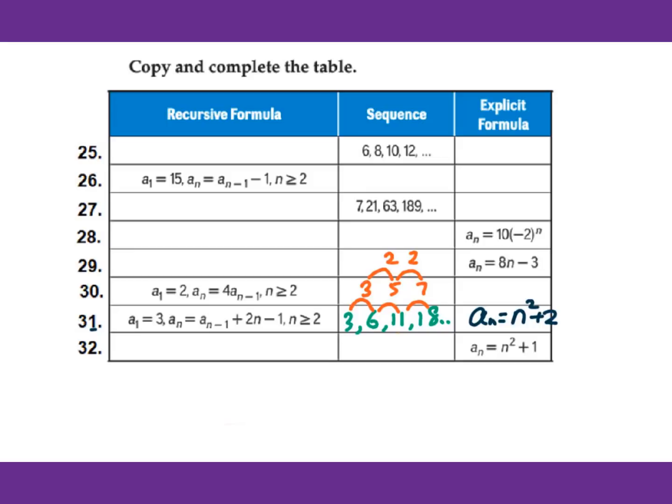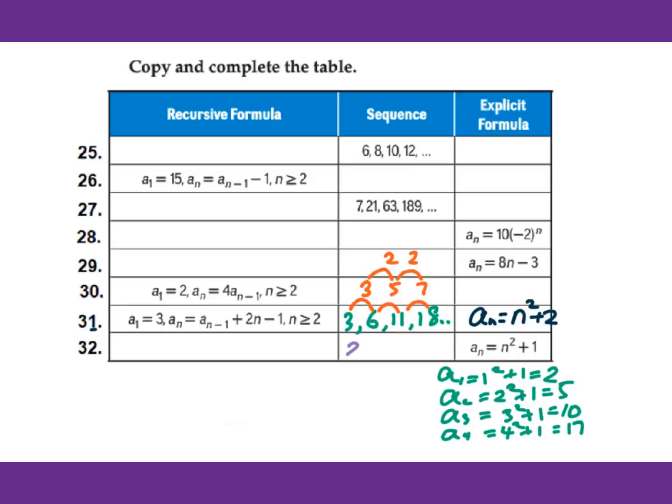So for a sub n equals n squared plus 1, you will get 1 squared plus 1. That equals 2. A sub 2 equals 2 squared plus 1 equals 5. A sub 3 equals 3 squared plus 1 equals 10. A sub 4 equals 4 squared plus 1 equals 17.